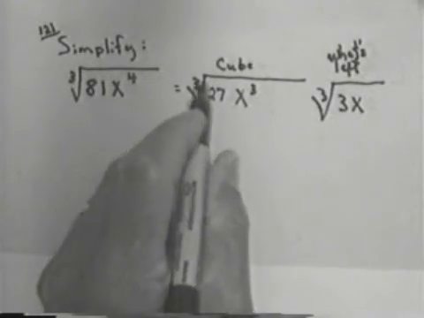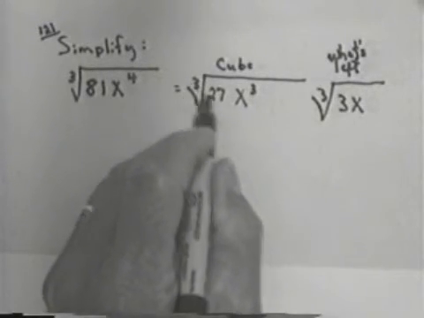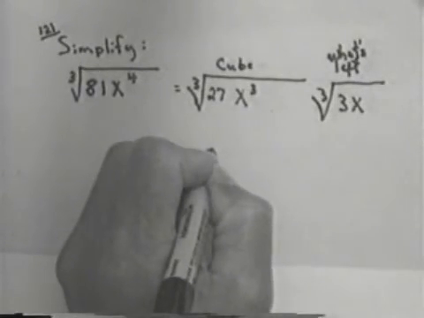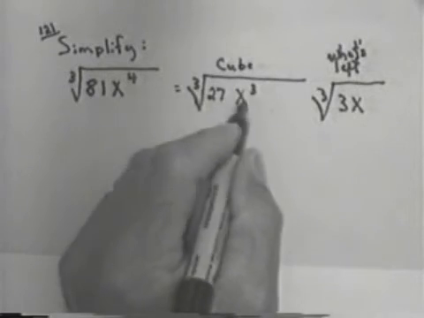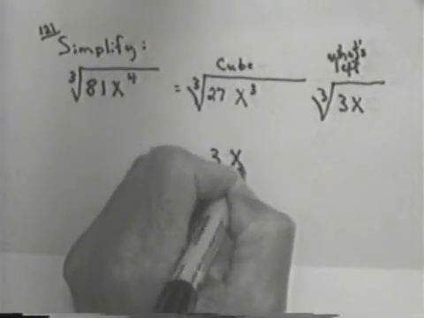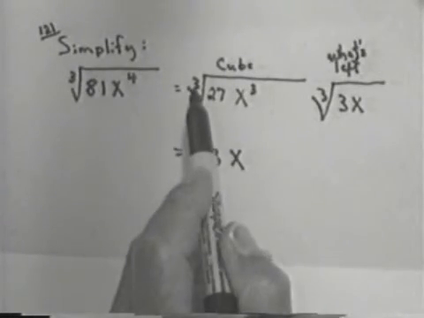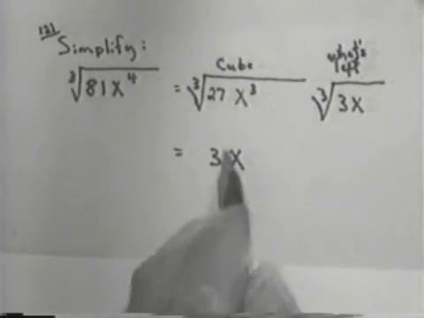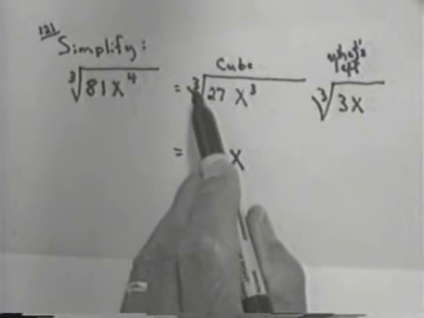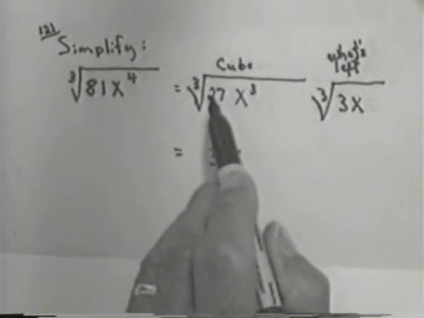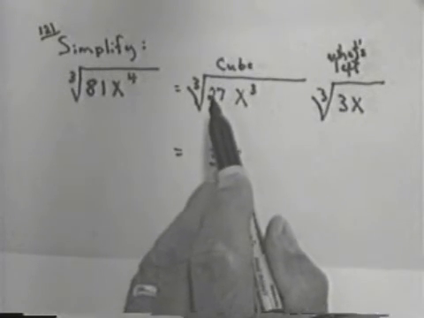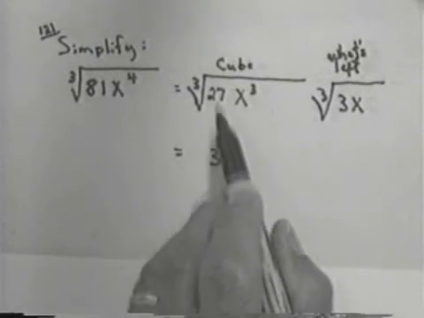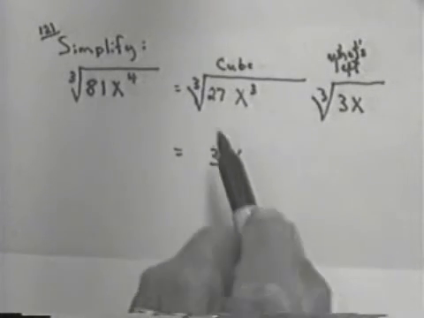All that's left is to evaluate the cube root. The cube root of 27 is 3. The cube root of x cubed is x. Now remember, all you need to do is divide the 3 into 3, which would be 1, so it's x to the 1st. You can divide the index into the exponent. You can find the cube root of 27 by asking what used as a factor 3 times gives 27.